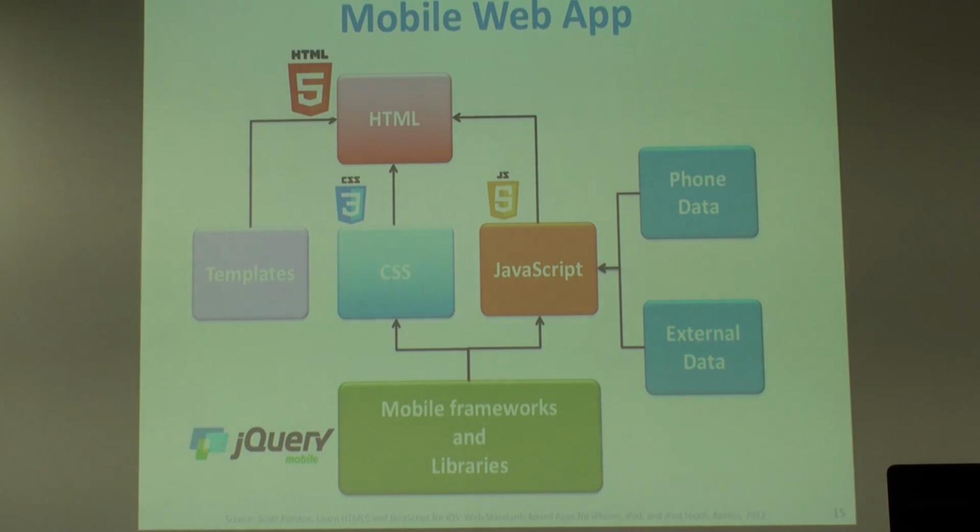What are the three core technologies? Web technology, or we call it WT. What is web technology? Is it Swift? Is it Java? It's HTML5, right? And that is the first technology, HTML5.